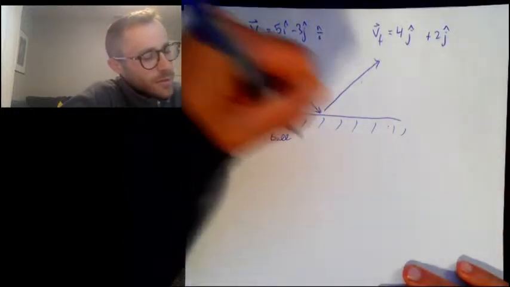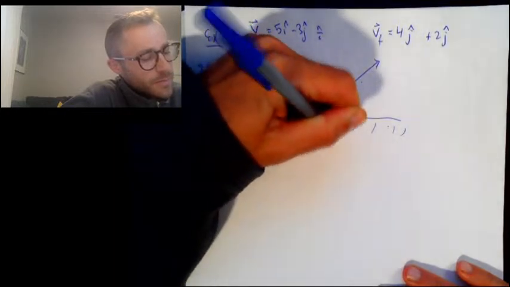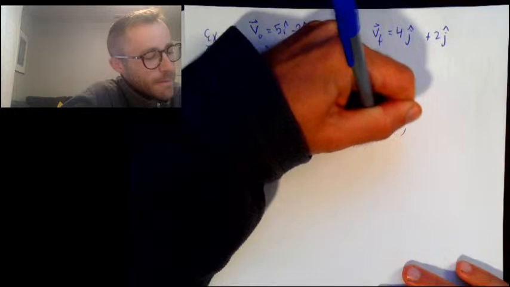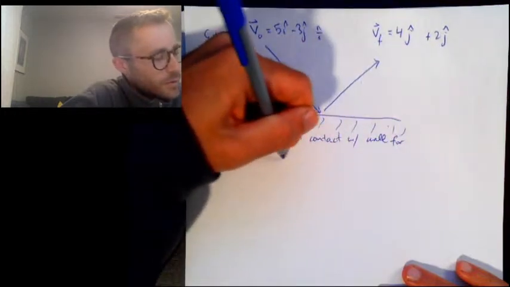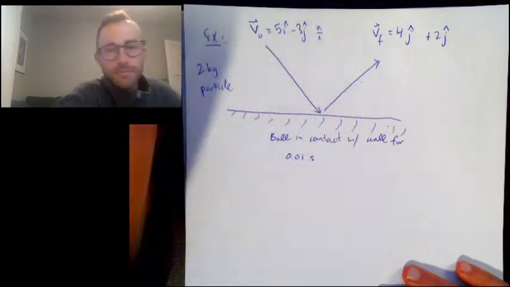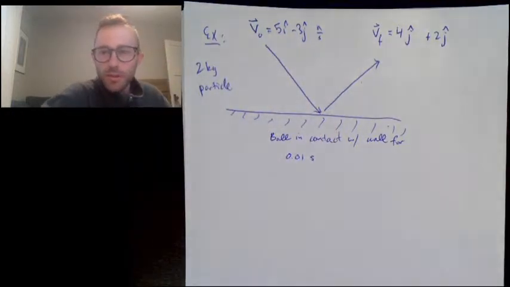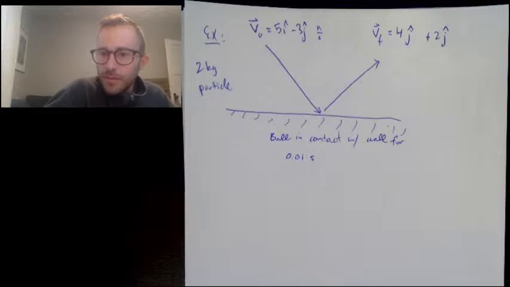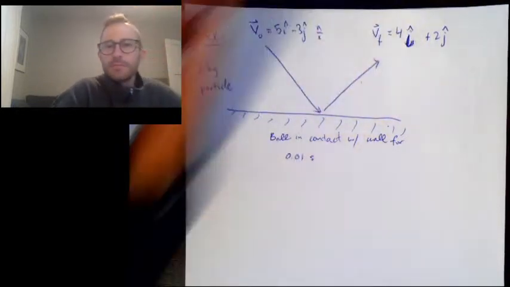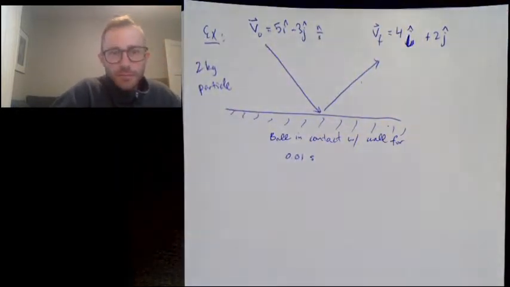Ball is in contact with the wall for 0.01 seconds. Oh yeah, you're right. It should be 4i.